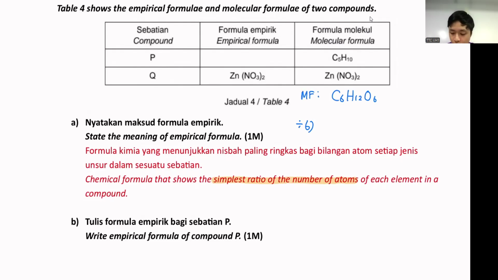Then after you divide by 6, you will get the empirical formula, which is CH2O. Now notice, the ratio of carbon to hydrogen to oxygen is 1 to 2 to 1. This one is the simplest already, cannot be divided anymore. But this one is the real formula, 6 to 12 to 6.